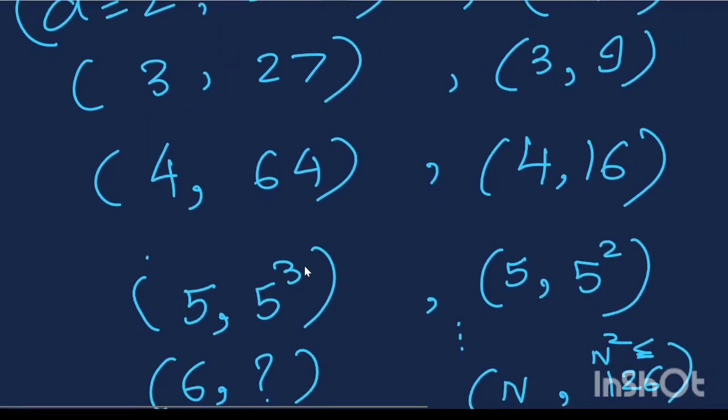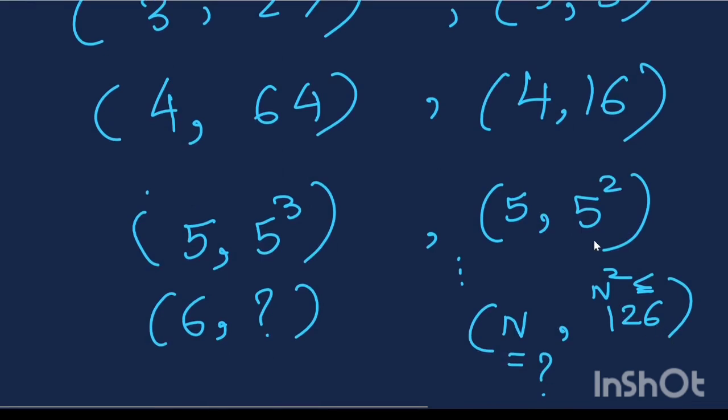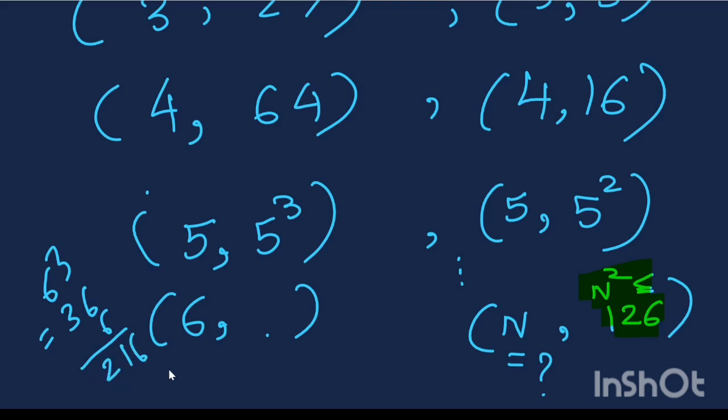To the extent where n square and n cube become less than or equal to 126. So what is the nearest cube which is lesser than 126? 6 cube is 36 into 6, 216, which is greater than 126. So for 6 we won't get any. So till 5, 5 cube we will take.